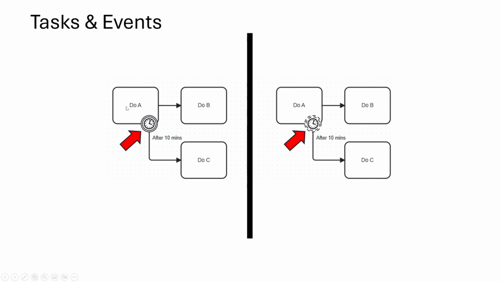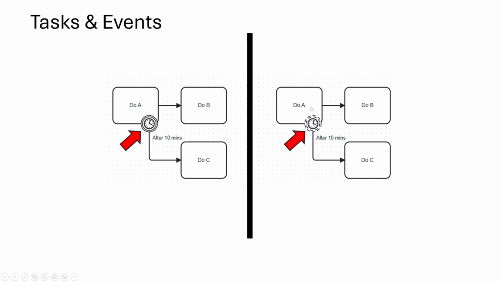So we are doing A, and if after 10 minutes A is not done, this interrupting event gets triggered, meaning we will leave activity A, so we stop activity A, and we will do activity C. Activity B, in this case, will never be conducted.